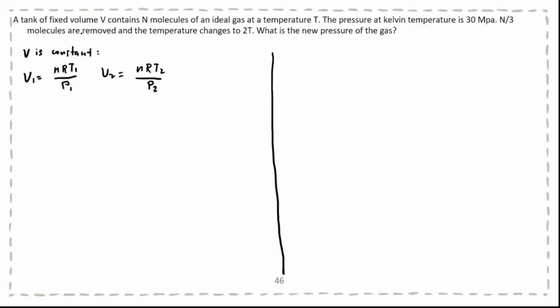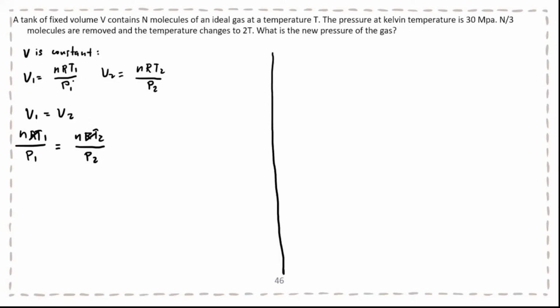Since volume is constant, we can equate V1 is equal to V2. Substituting, nRT1 over P1 equal to nRT2 over P2. Okay, so your R now cancelled out. You're left with nT1 over P1 is equal to nT2 over P2.